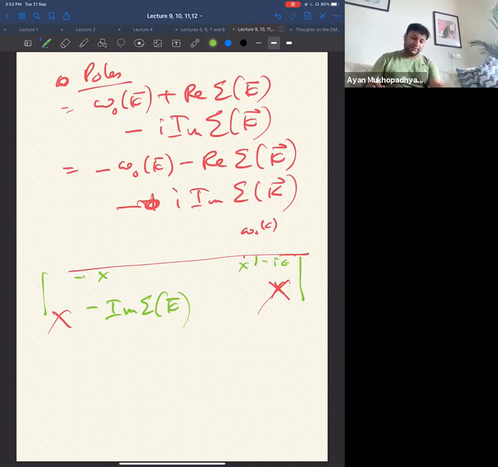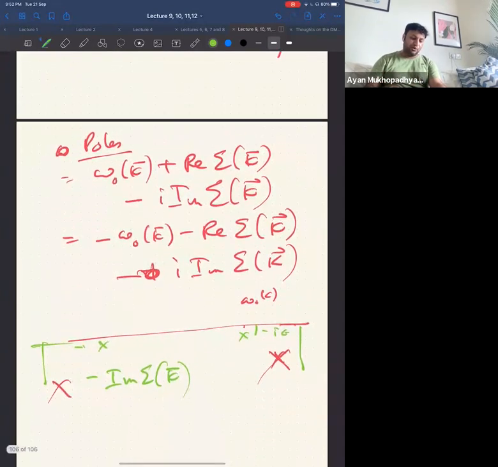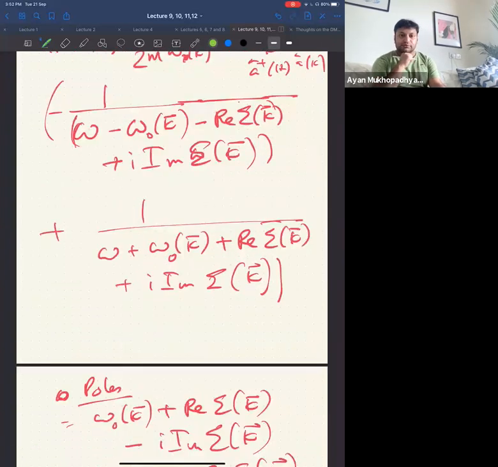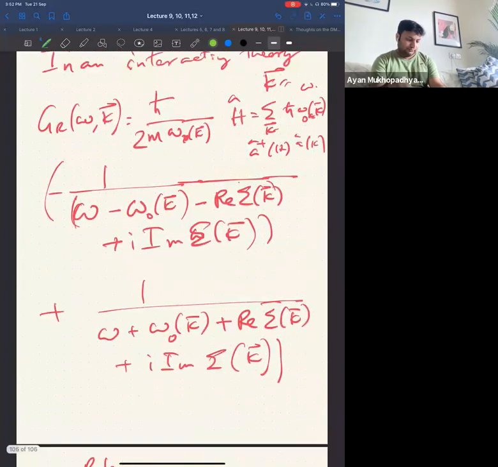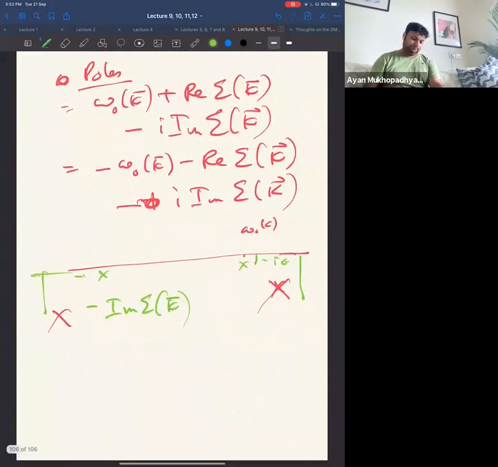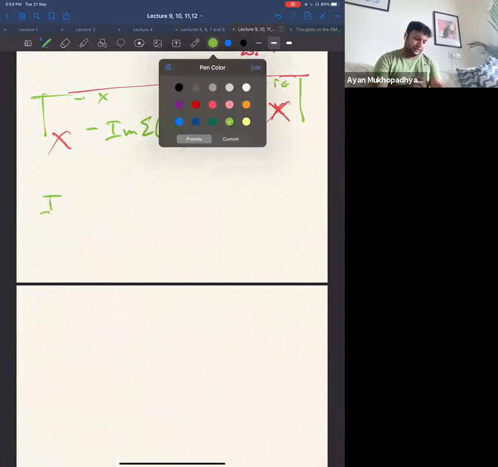So what is this telling you? What's the physical interpretation of this? So firstly, if you can plot the real and imaginary parts of this function, how would they look? Okay, maybe I should go back to the original color now.